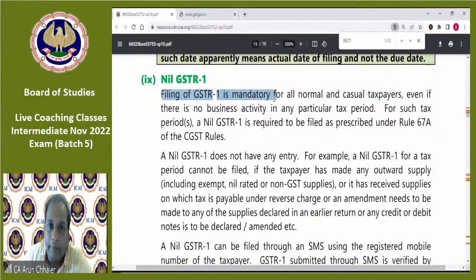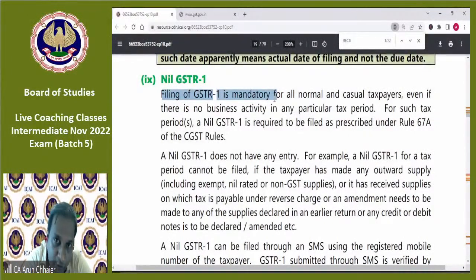If I do not file, then what happens? I'm asking all of you. Suppose there is no transaction, still am I required to file, or if I'm not filing, then what? Suppose I'm not filing the GSTR1, then a late fee per day is applicable.